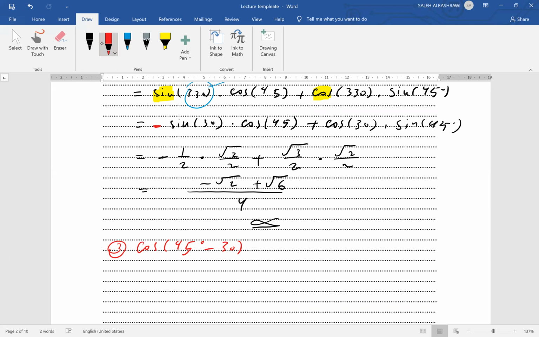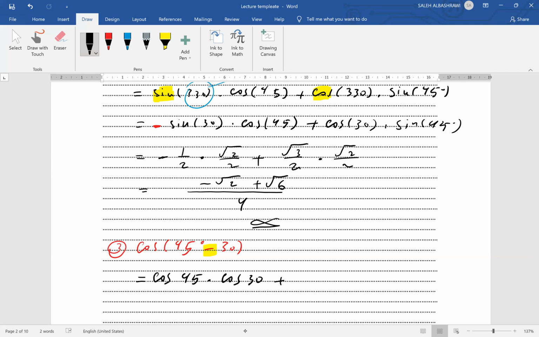I can use the difference angle formula. Cosine alpha minus beta will give me cosine times cosine, so it is cosine 45 times cosine 30. But since it is negative, you have to be careful: it will be plus, addition.